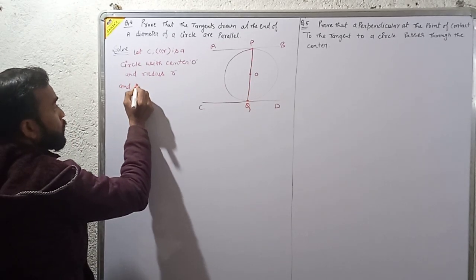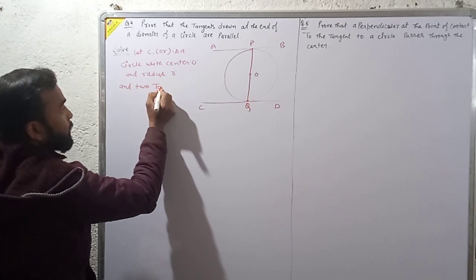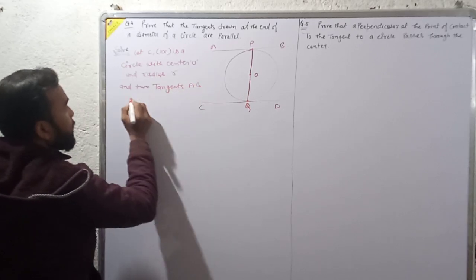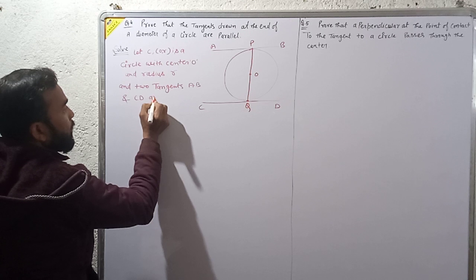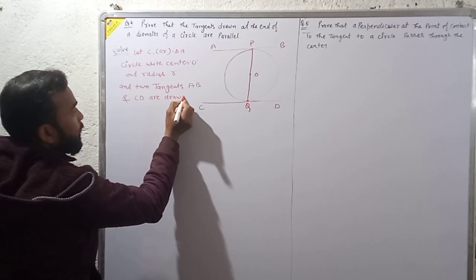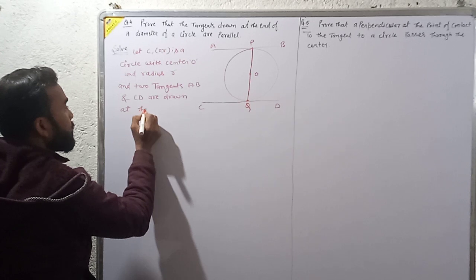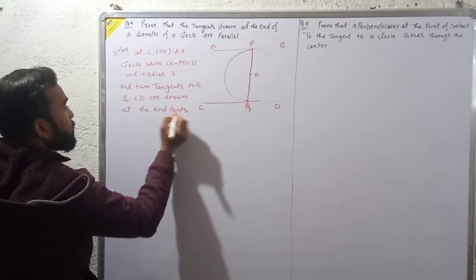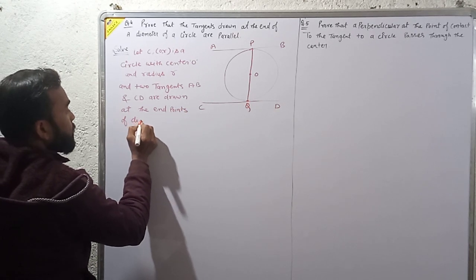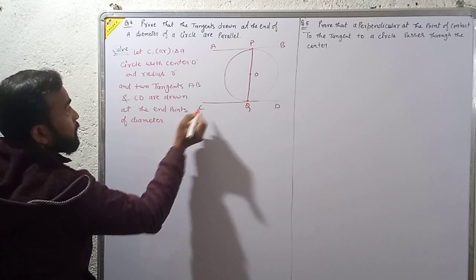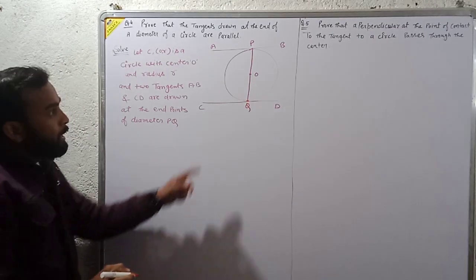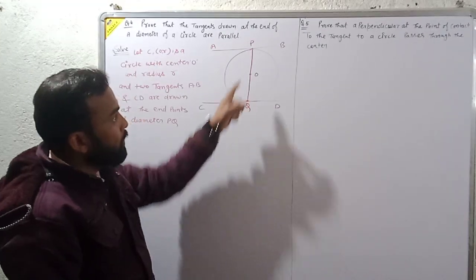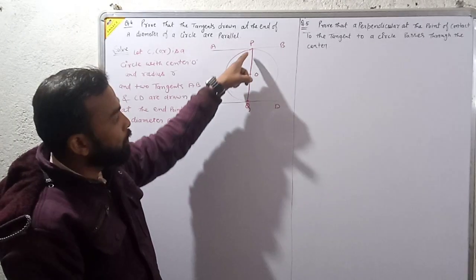And two tangents AB and CD are drawn at the end points of diameter PQ. AB is the first tangent and CD is the second tangent, which is drawn at the end point of PQ diameter.